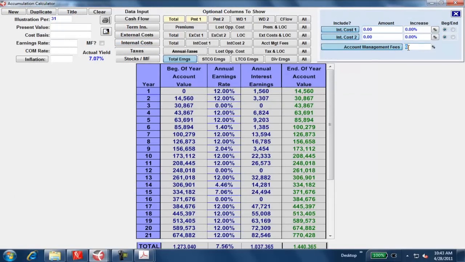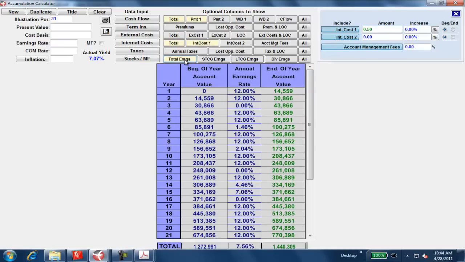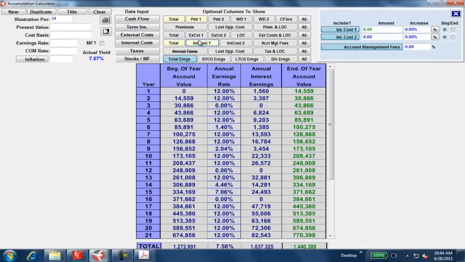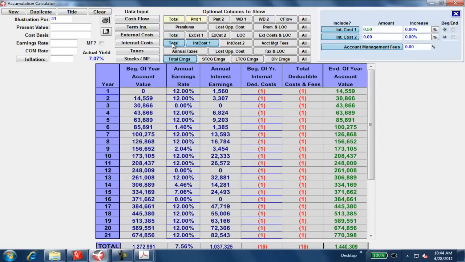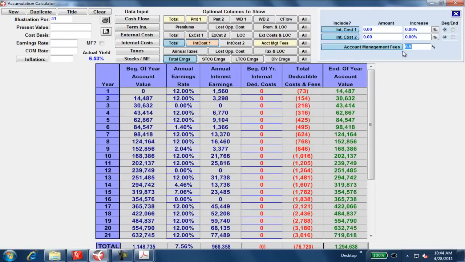Let's put a 0.5 cost in there. All right, and let's go to total earnings, internal cost.